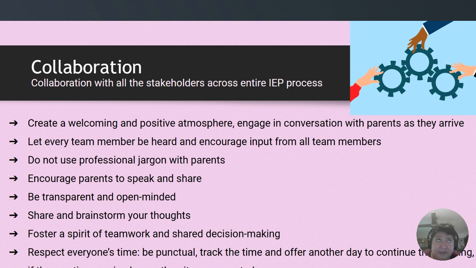All decision-making processes should be done as a team, and we need to respect everyone's time. We have to be punctual, and if the meeting is running late, we need to offer another time and date for a meeting.